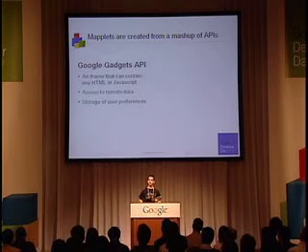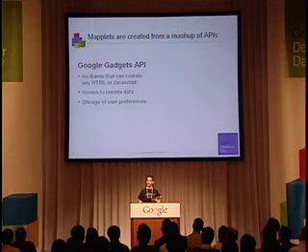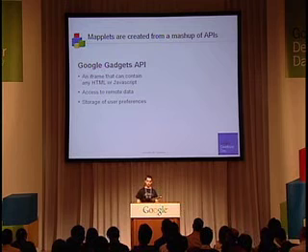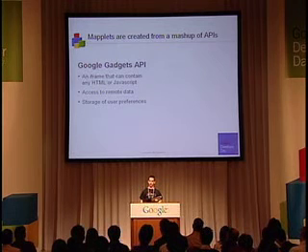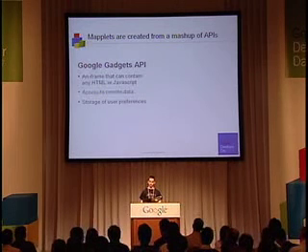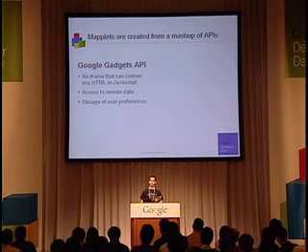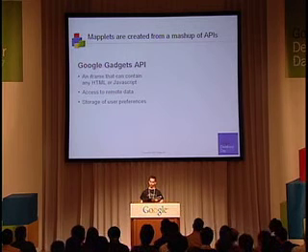And so Mapplets use the Google Gadgets API. And so a Maplet is an iframe that can contain any HTML or JavaScript. It gives you access to remote data, and we also provide you with storage of your user preferences.